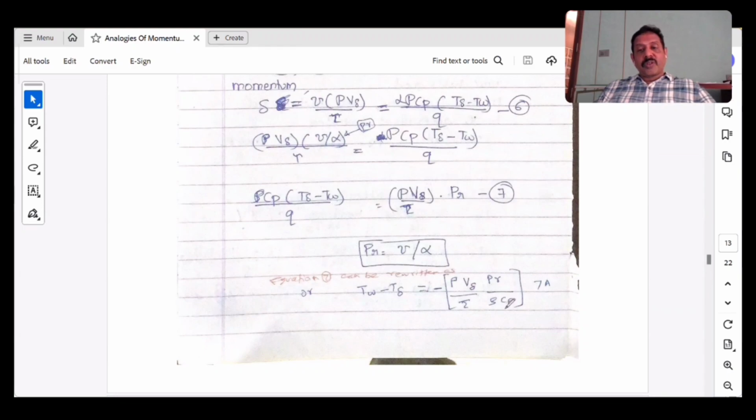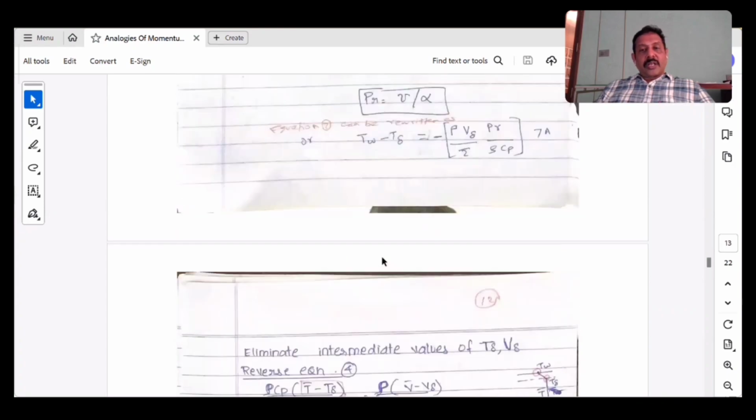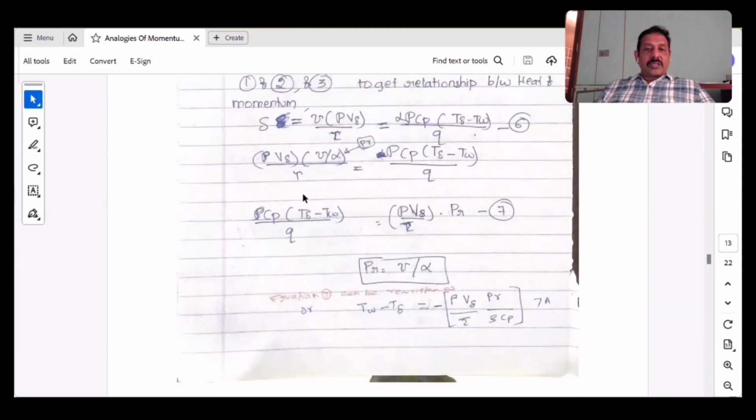I am writing this as 7a. Remember this: Tw minus T delta, and put a minus here. So rho v delta by tau into Pr divided by rho cp. This is equation 7a.